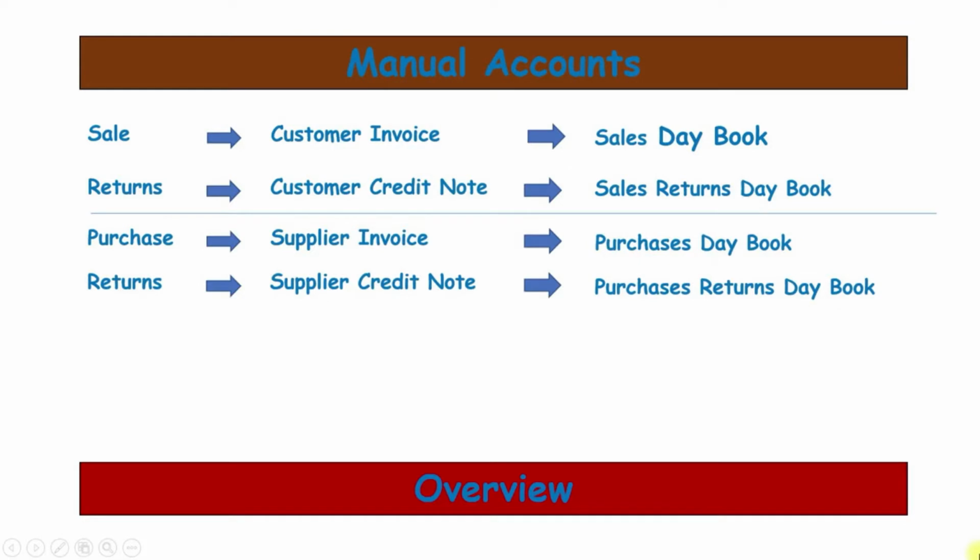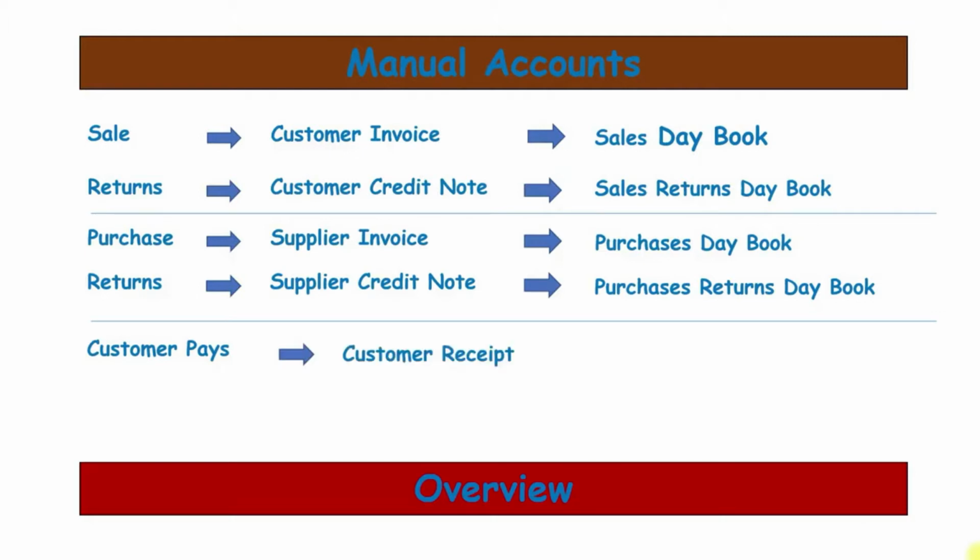At some point the customer will pay what they owe. Sometimes they may go over their allocated 30 days, etc. When we receive a customer payment, we should issue the customer with a receipt. This is then documented in the Cash Book.